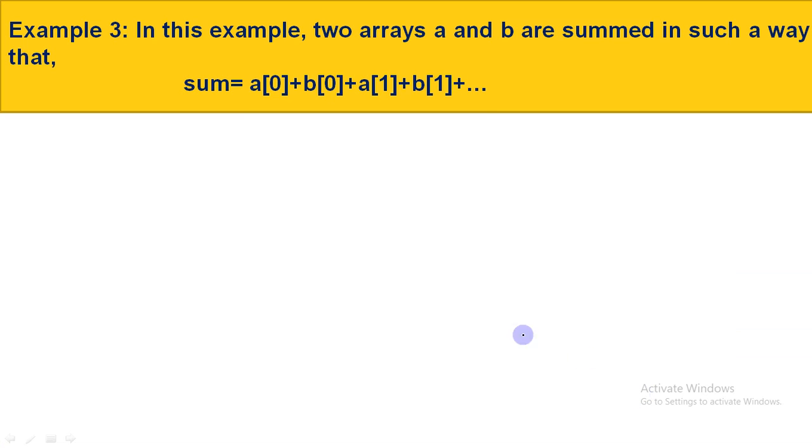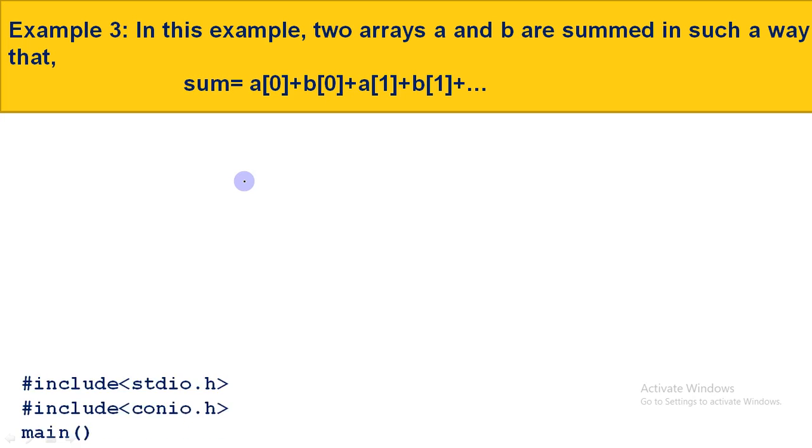Example 3 is all about a different kind of accumulation. We have 2 arrays, namely a and b, and a of 0, b of 0, a of 1 and b of 1 will be successively added into a scalar and stored in sum. This is also accumulation of 2 arrays into a lone variable called sum.